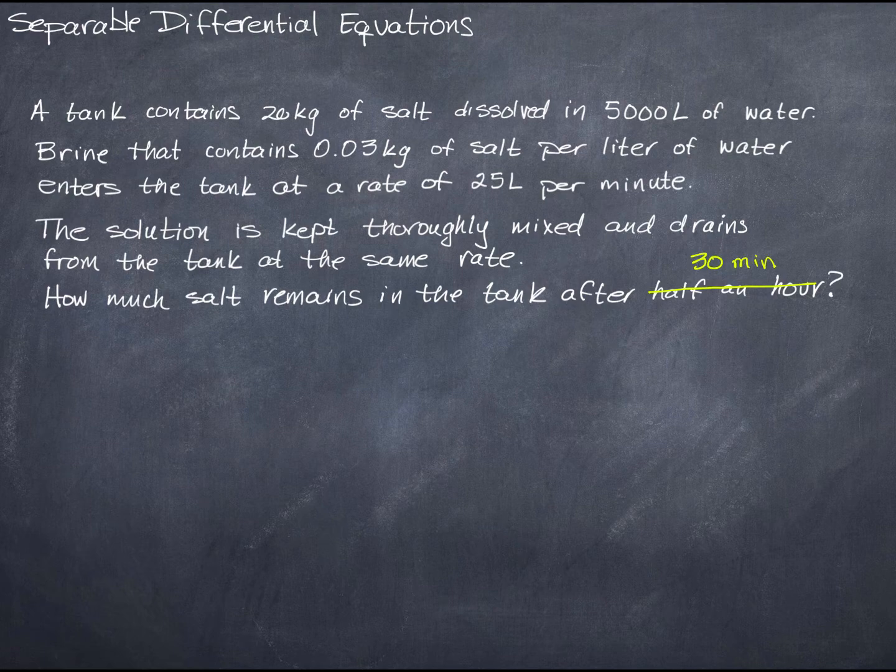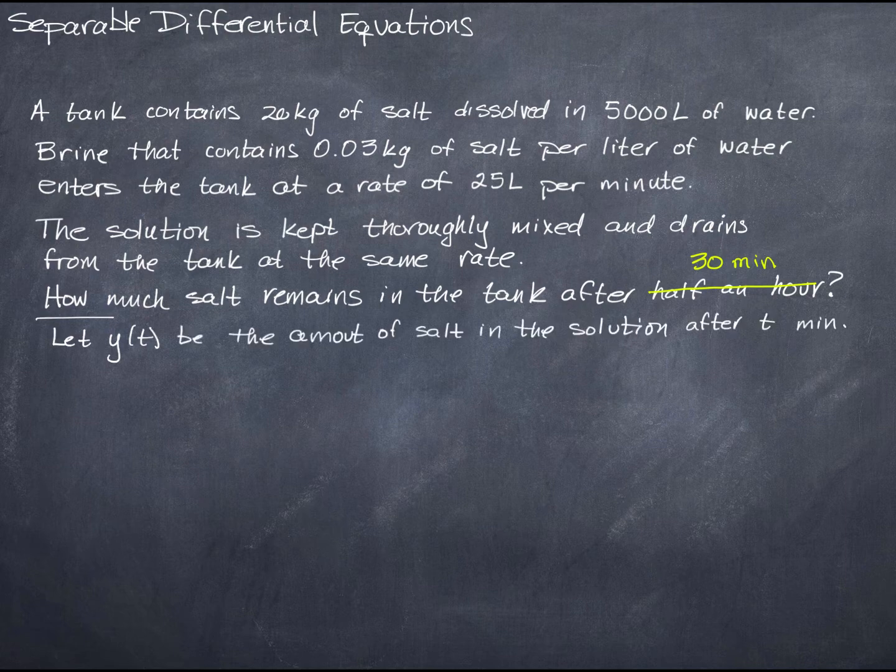Since the thing that we want here is an amount of salt, let's let y of t equal the amount of salt in the solution at time t. By at time t, I mean after t minutes. We're actually told a couple of things. We know what y of t is when t is 0, right?